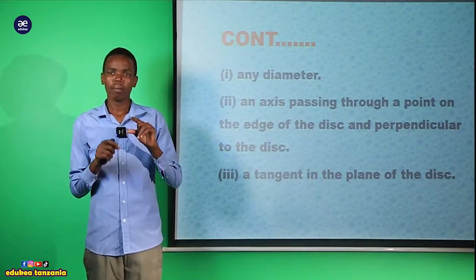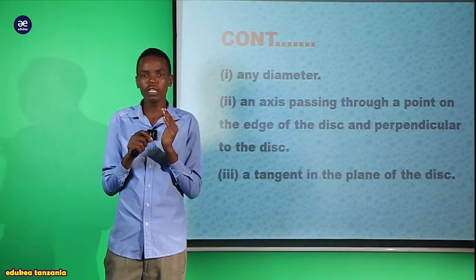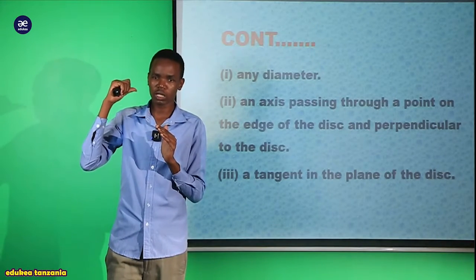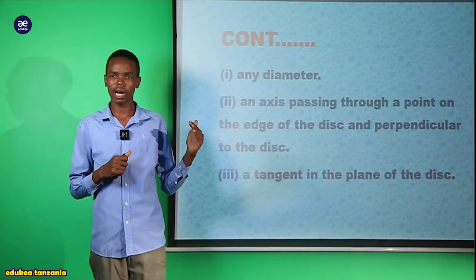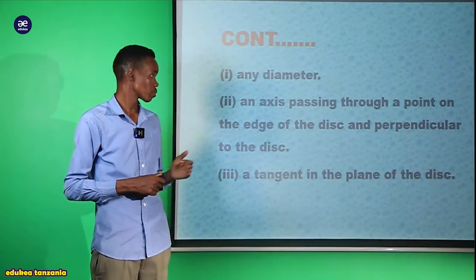We say that the moment of inertia for the uniform circular disk is given by a half mr square. That is what we demonstrated in our past lecture. We say that I is equal to mr square divided by 2.